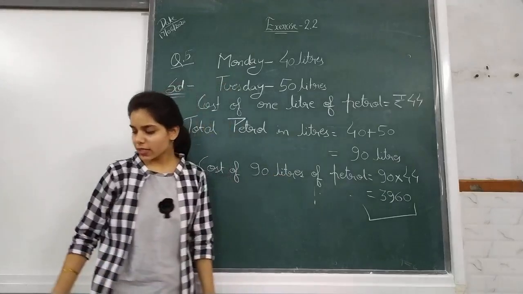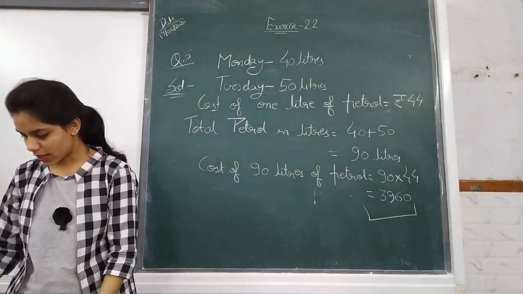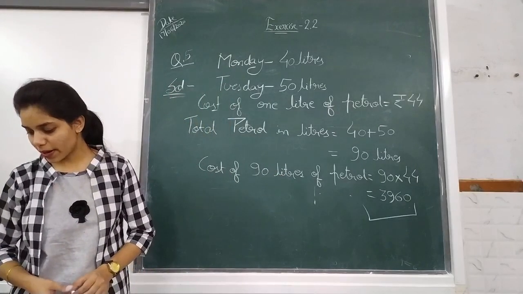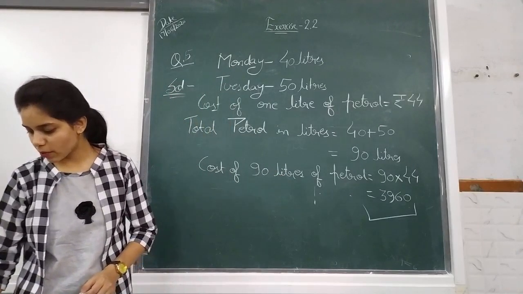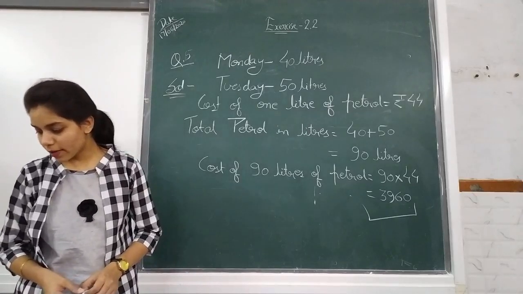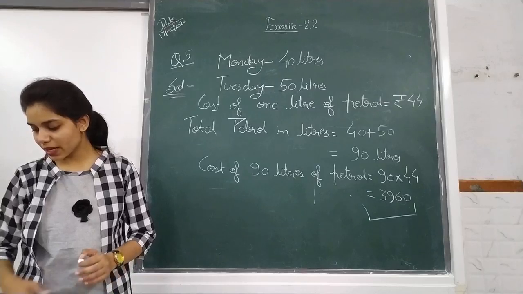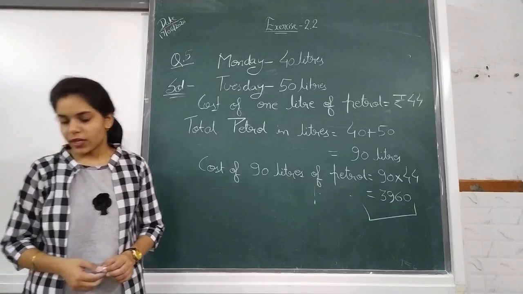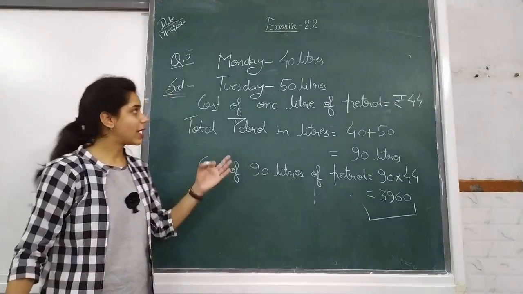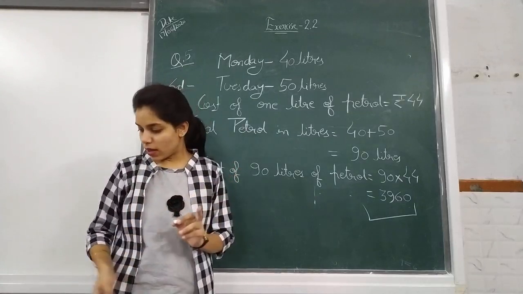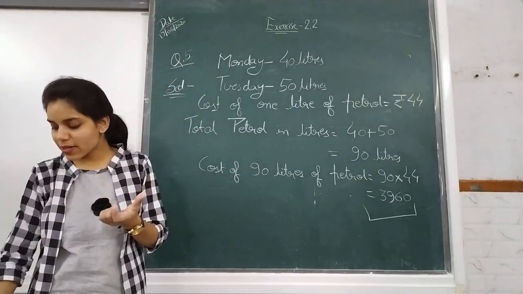Understood? And the next question for this exercise is, a vendor supplies 32 liters of milk to a hotel in the morning and 68 liters of milk in the evening. If the milk costs rupees 15 per liter, how much money is due to the vendor per day? You can solve this question as question number 5 because you have to add the quantity of milk, given in liters.